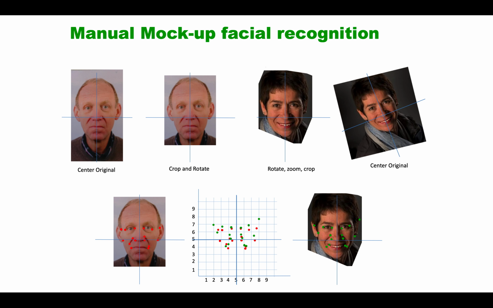Because of all kinds of difficulty with the GDPR, the General Data Protection Regulation, I took the picture of myself and my lovely wife, and you can see how it works. So you center the original, you crop and rotate.